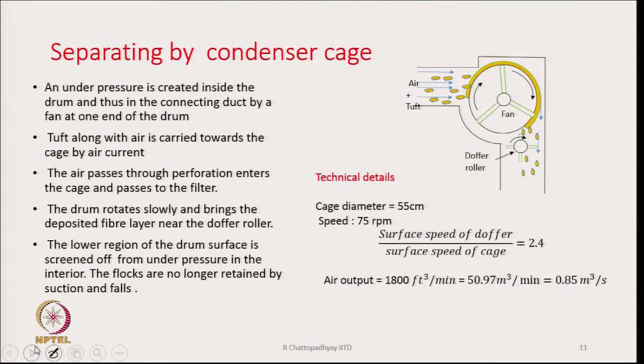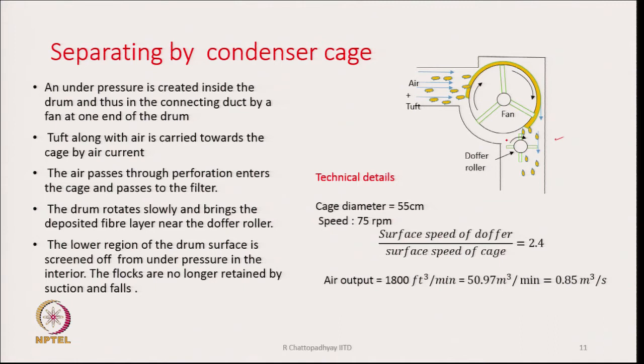The other one is a condenser cage, the purpose is the same. You can see the diagram on the right hand side, that there is a fan, and there is basically a large drum, and the drum has a lot of perforations on its surface.